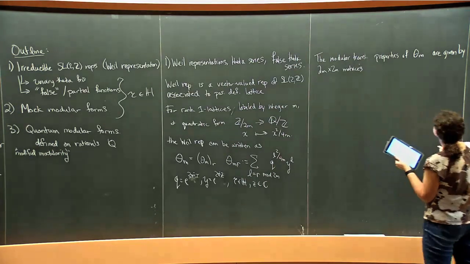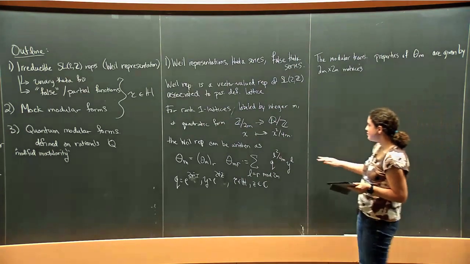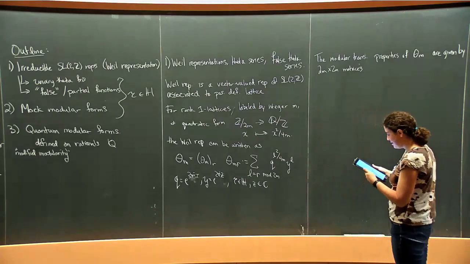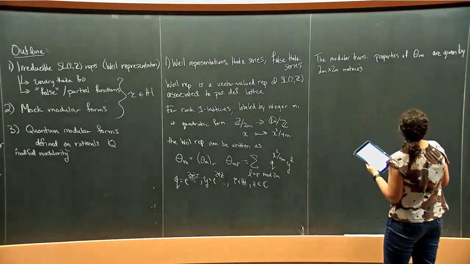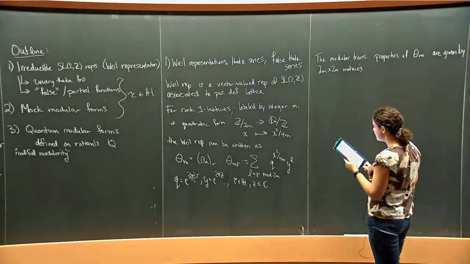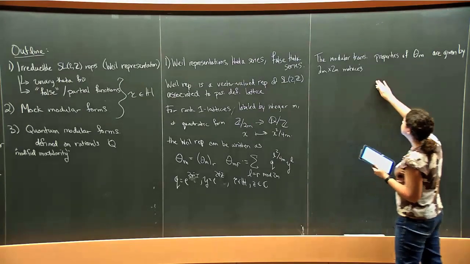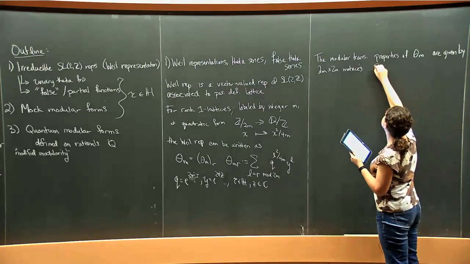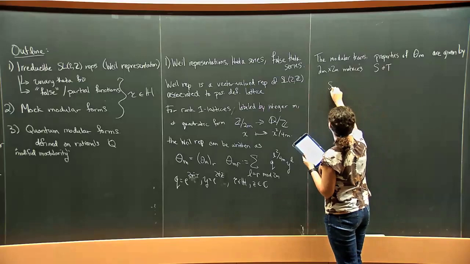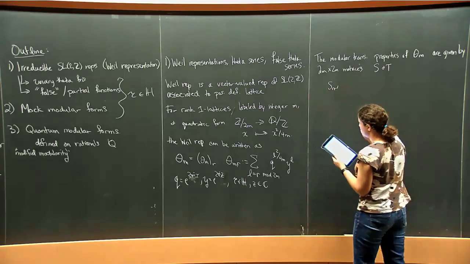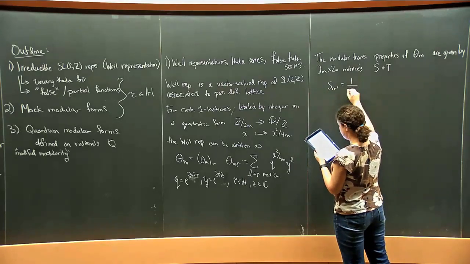Okay. So no, we want q to be in the disk, as usual, and tau in the upper half plane. Okay, so the modular transformation properties are given by these S and T matrices, which explicitly have the following form.